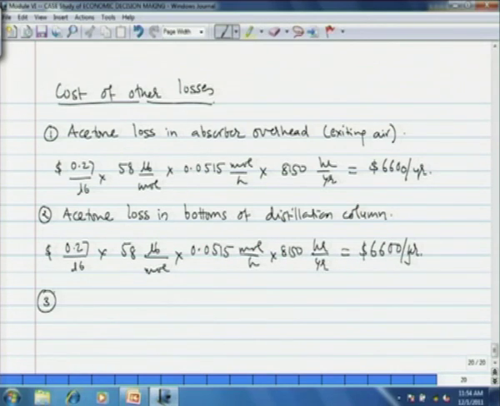Then the third loss is of solvent water itself.